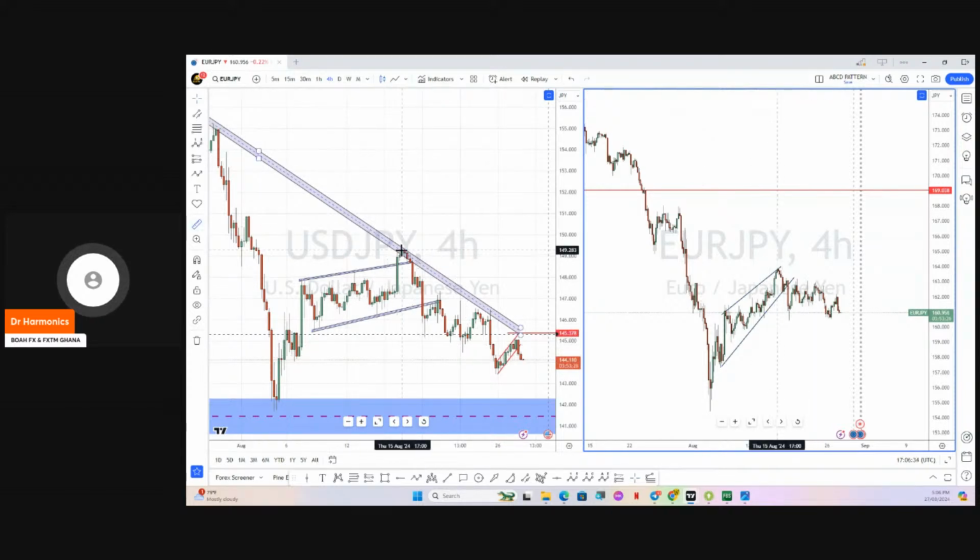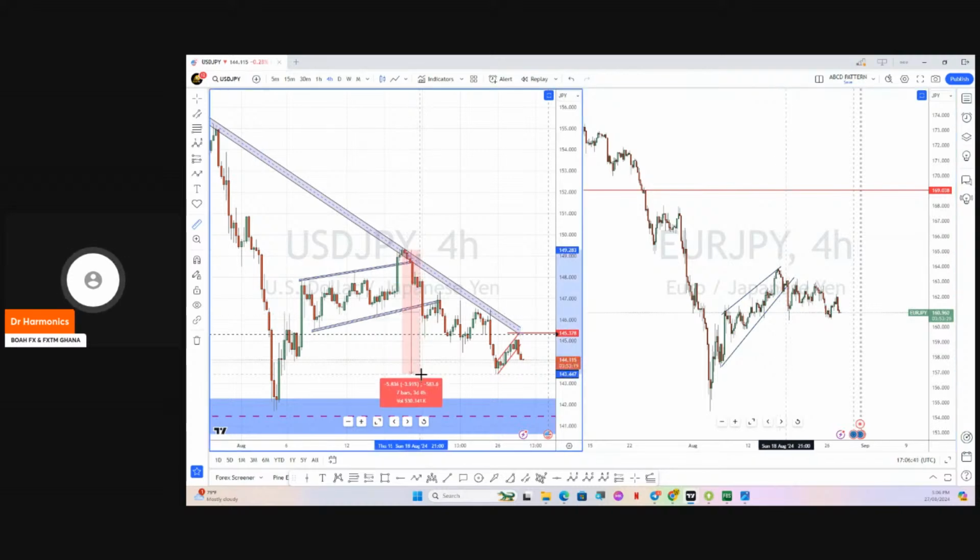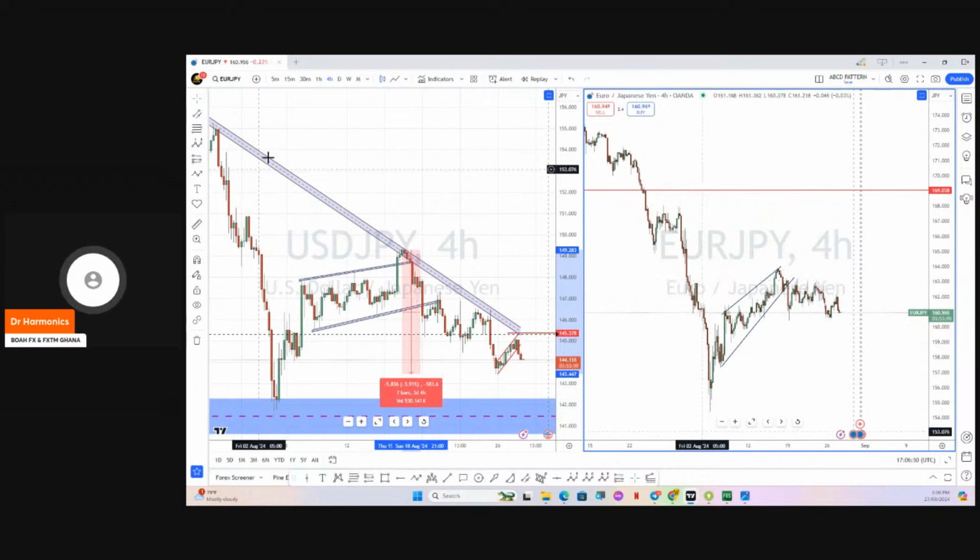Okay, from here, from the resistance of USD JPY to the bottom is around 583.6 pips. Now let's look at Euro JPY, which has the same structure.